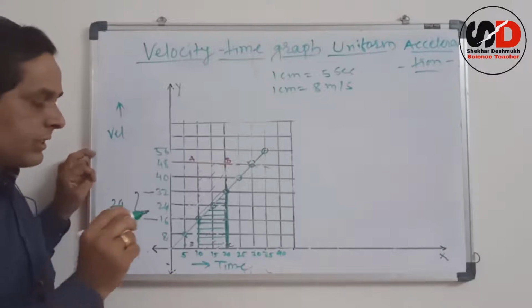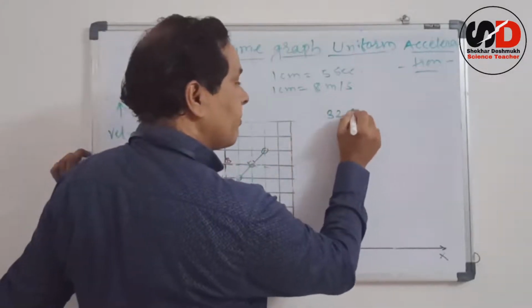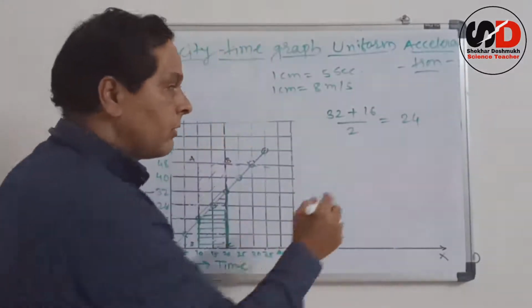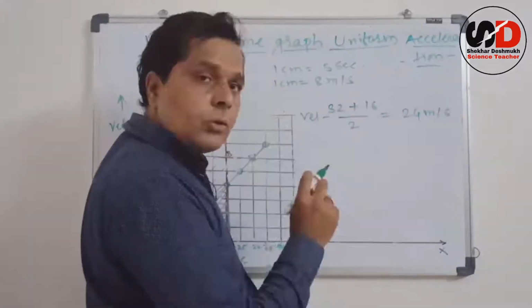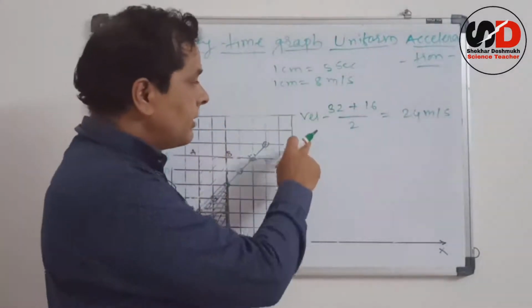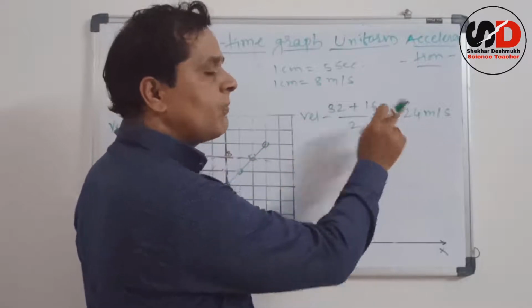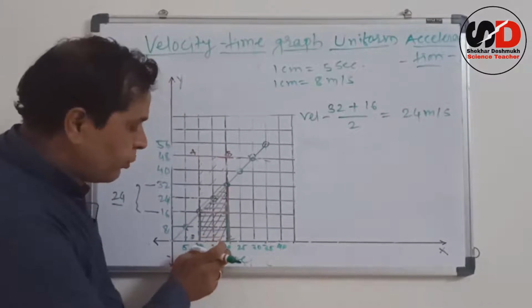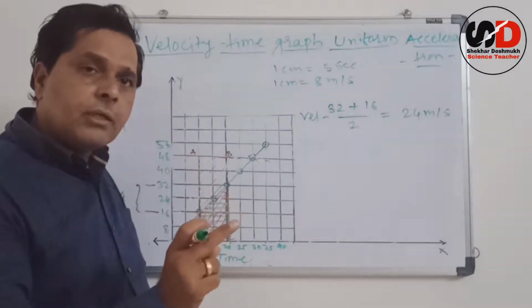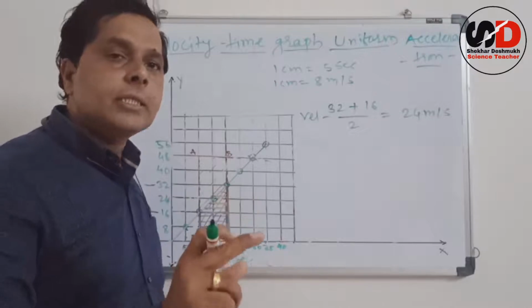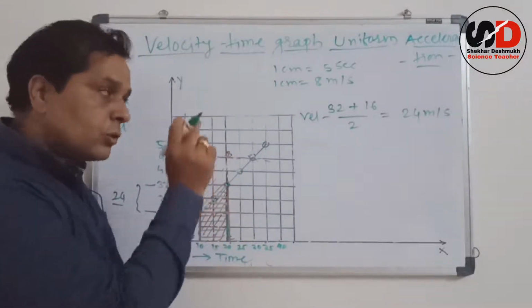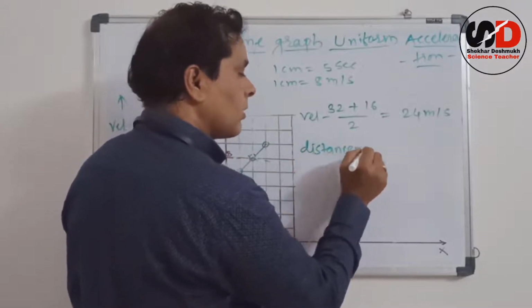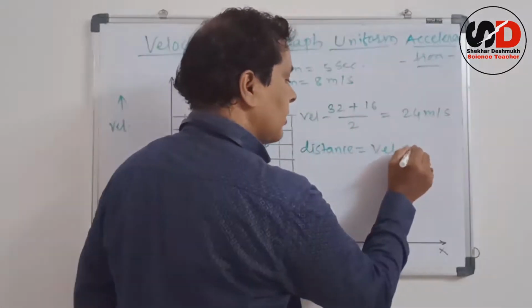Average 24. How do we calculate the average? 32 plus 16 divided by 2. So it is 24 meter per second. So the average velocity is 32 plus 16 by 2, it is 24 meter per second. And how much time is there? From 10 to 20. That means we are going to calculate the distance covered in these 10 seconds. So distance is equal to velocity into time.